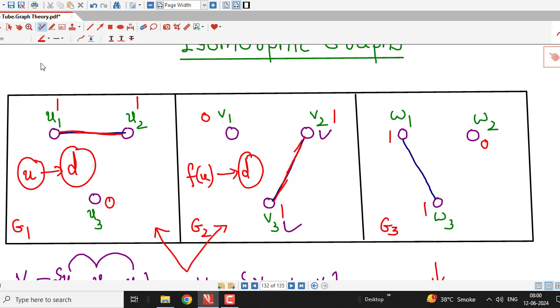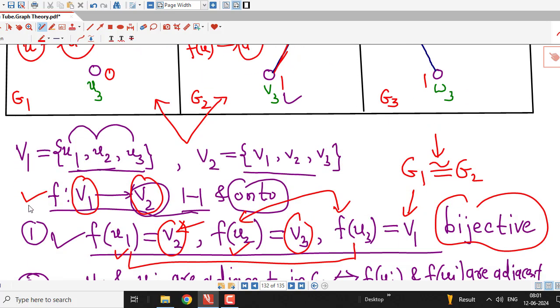Suppose in one graph we have 3 vertices of degree 1 and 5 vertices of degree 2, then the corresponding graph must also have 3 vertices of degree 1 and 5 vertices of degree 2. These properties give us the idea whether graphs are isomorphic or not, and if two graphs satisfy them, they will help us construct a function which is 1-1 and onto.